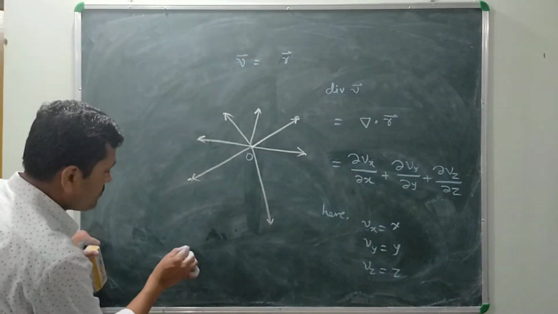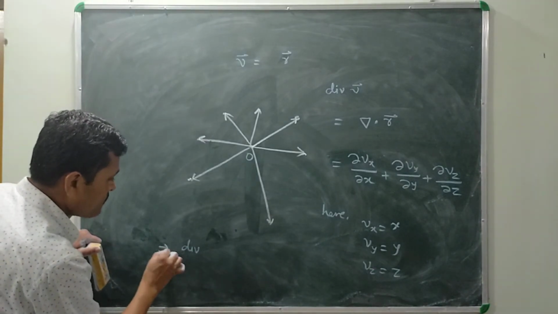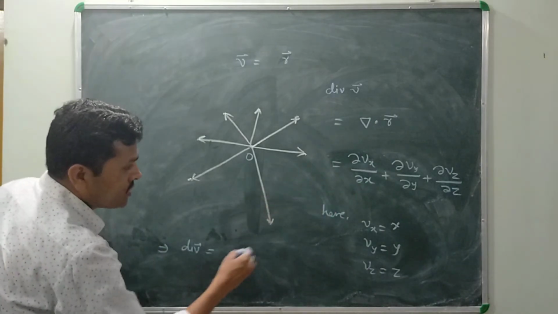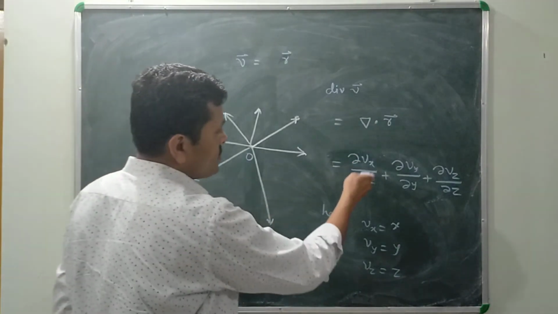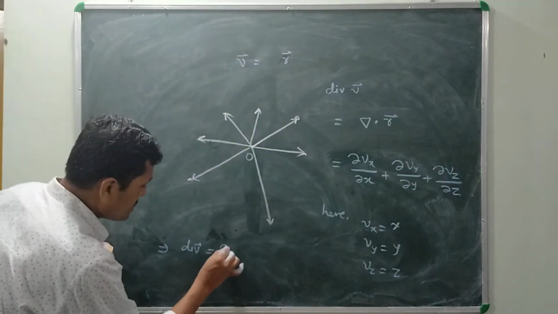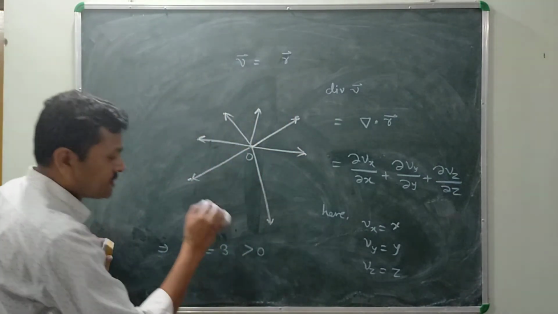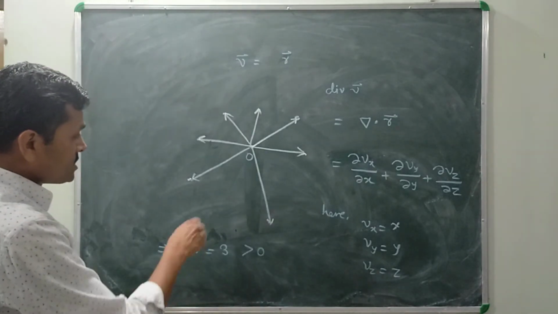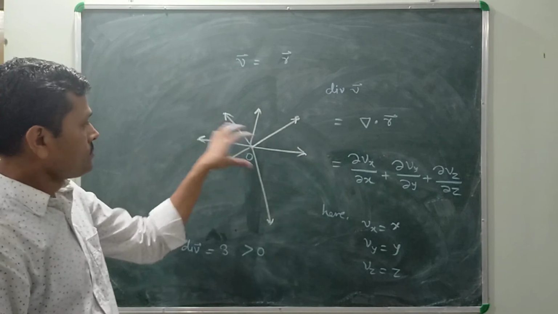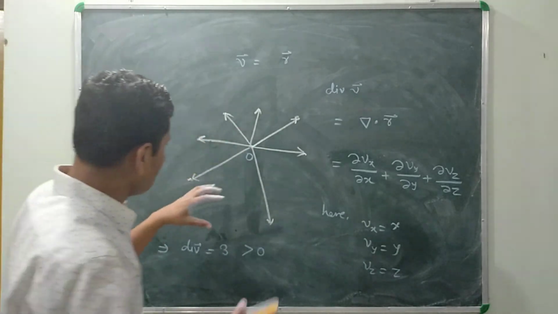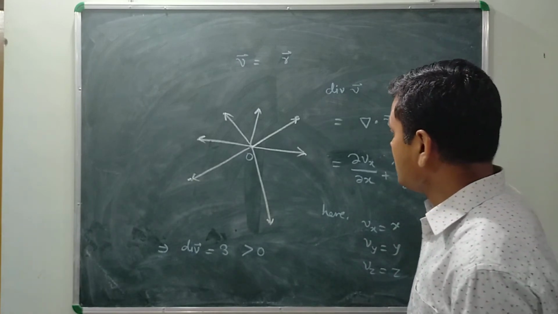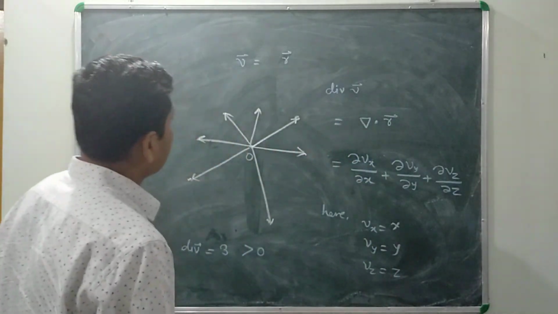So this divergence is 1 plus 1 plus 1, means 3, because ∂x/∂x is 1, ∂y/∂y is 1, ∂z/∂z is 1. So here it is 3, which is a positive quantity. This means the divergence is positive, and this is what we are observing here.